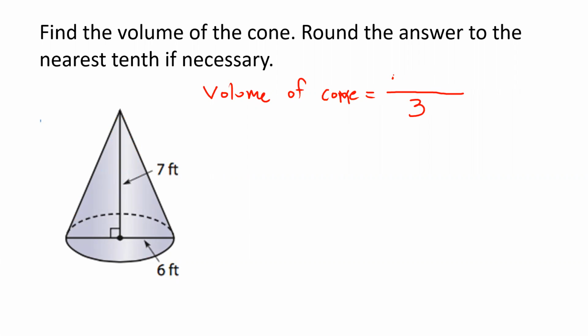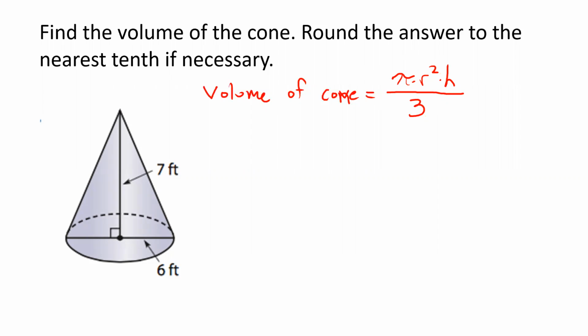The cylinder formula was pi r squared h, and these are all being multiplied. So your steps are to find the cylinder, pi r squared h, then your last step is to divide it by 3 to get your final answer, okay?